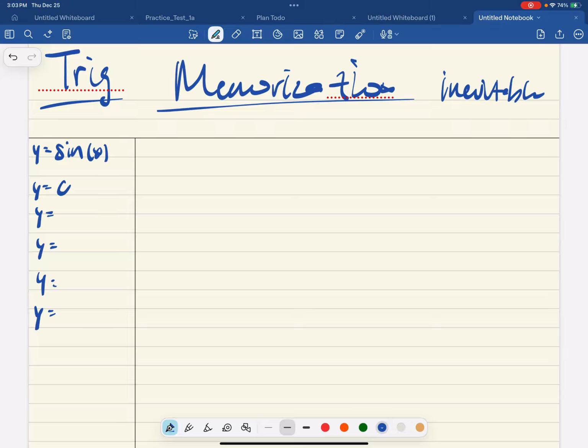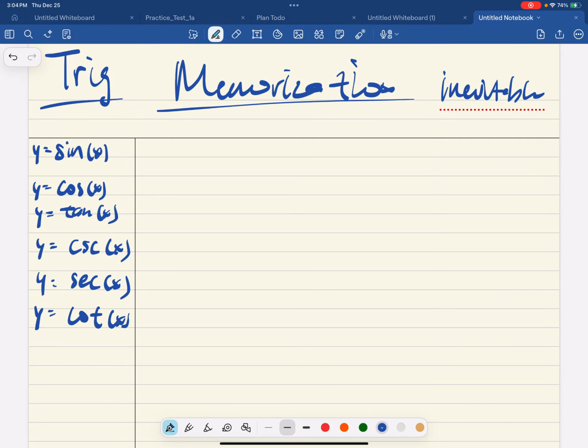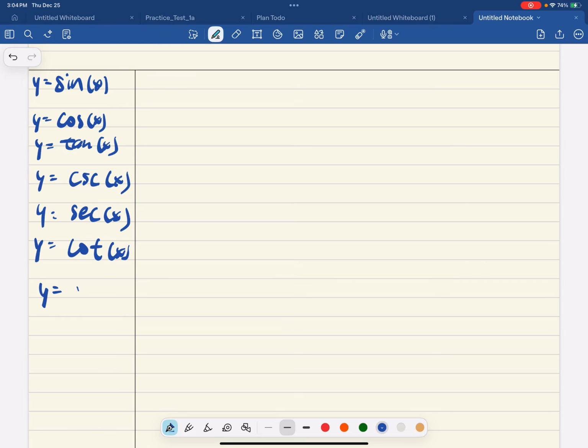Sine of x, cos of x, tangent of x. And let's go in order: cosecant of x, secant of x, cotangent of x. There's also, yes, you have to memorize everything, arc sine of x. It's even reduced this year.